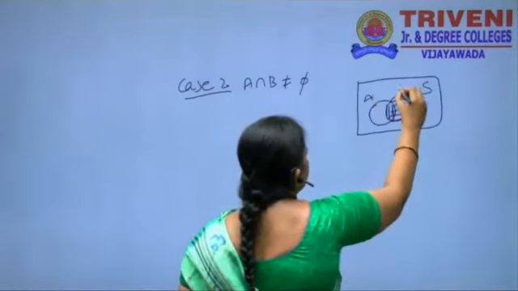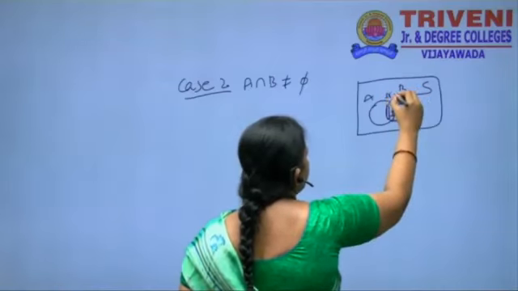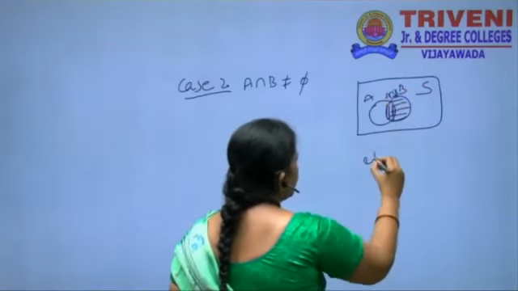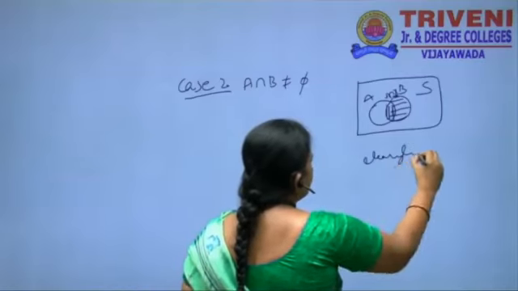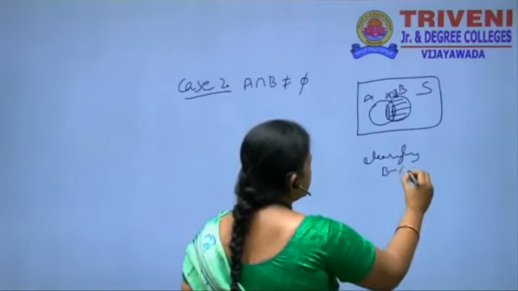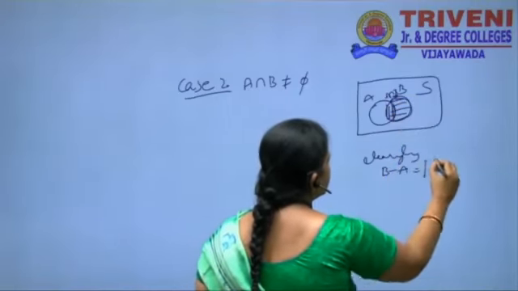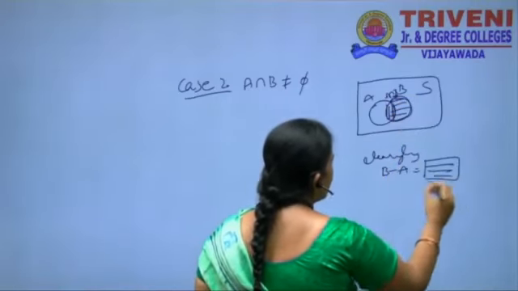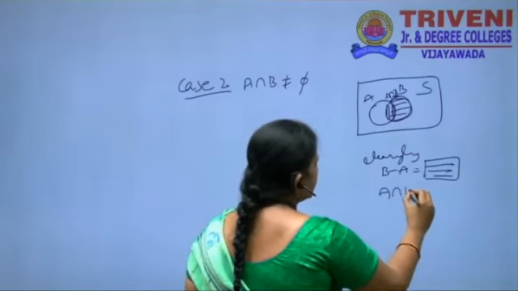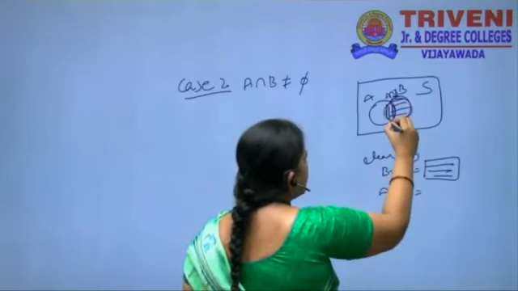This is A, this is B, and the middle part is A intersection B. Clearly, B minus A is nothing but these ones, and A intersection B is this part.